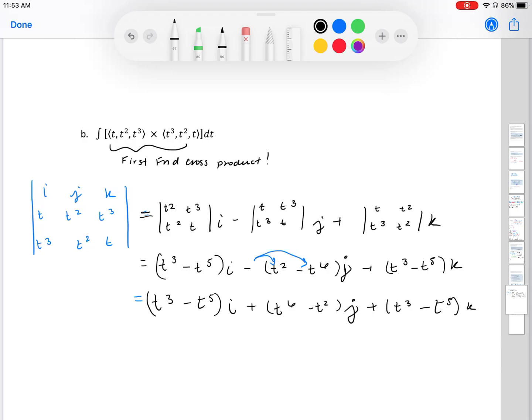Now that we first took the cross product, I can go ahead and apply the antiderivative.